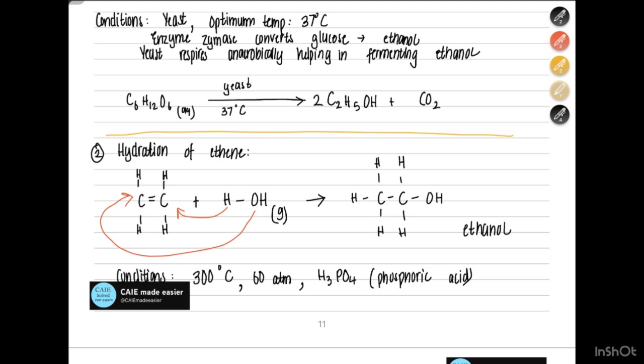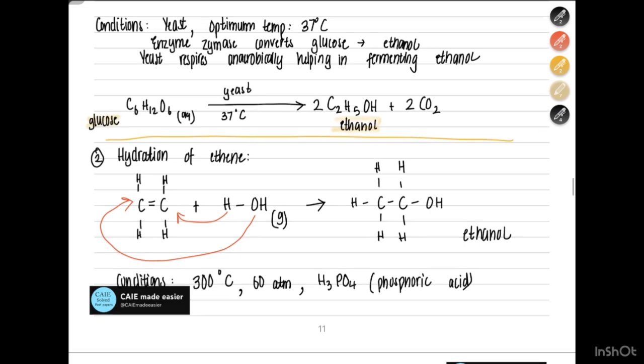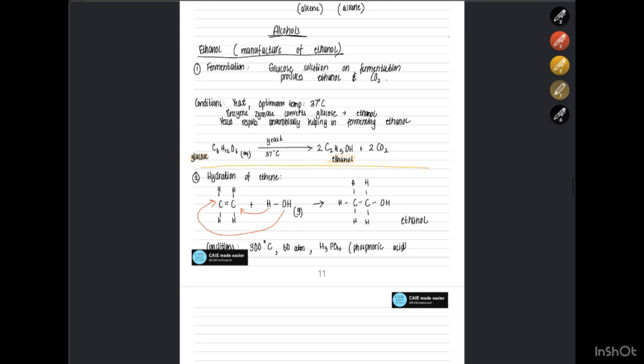To balance them, we need to add 2. So 2 ethanol molecules are formed per molecule of glucose. This is glucose, and this is ethanol.